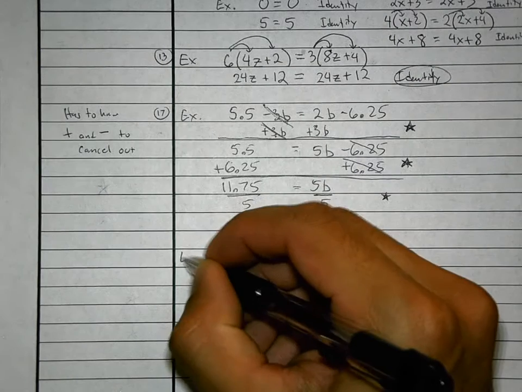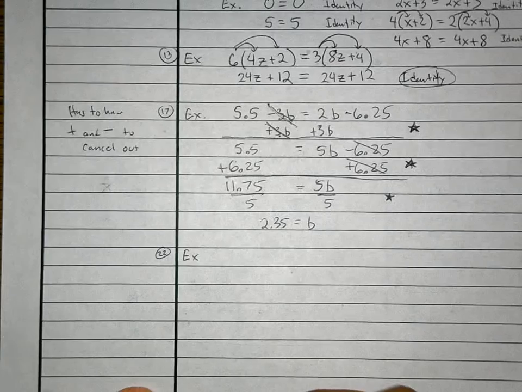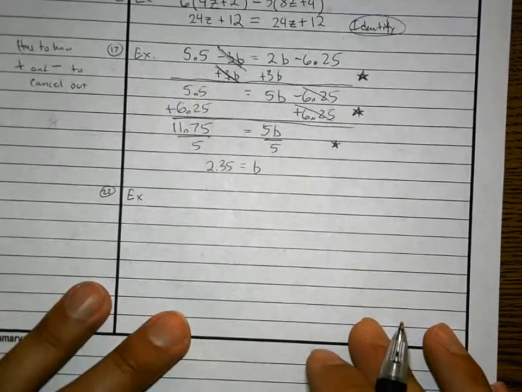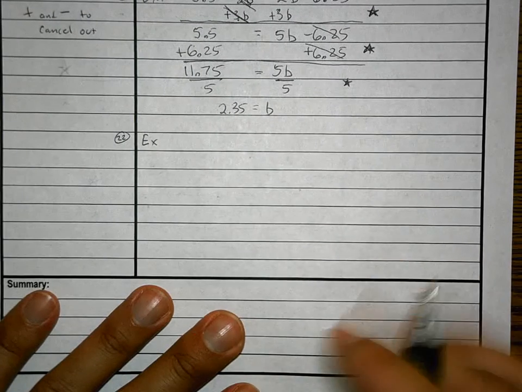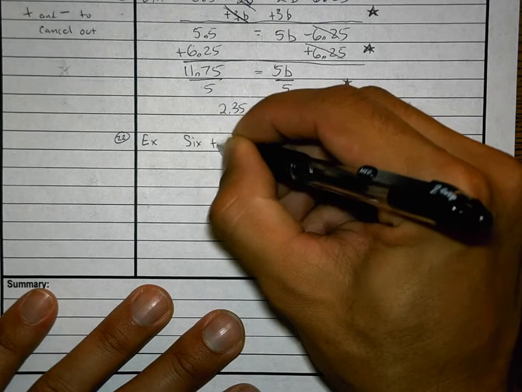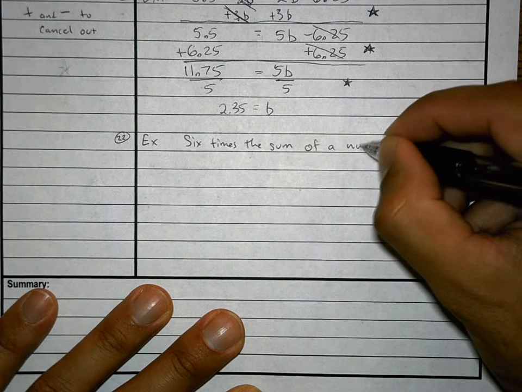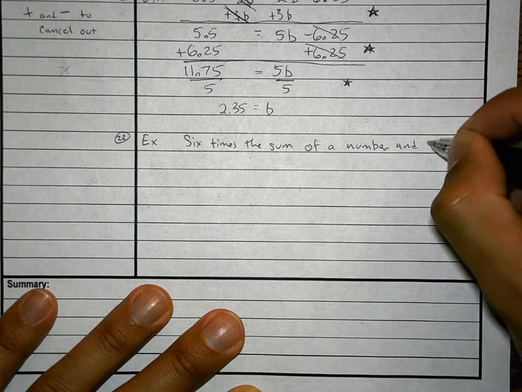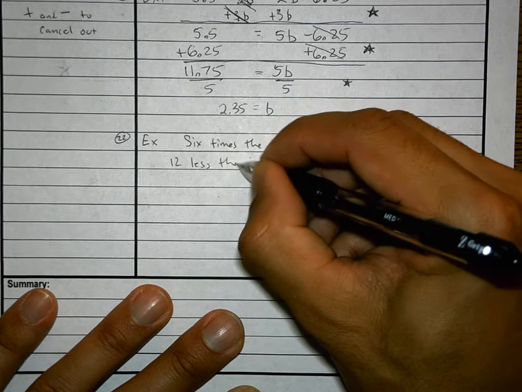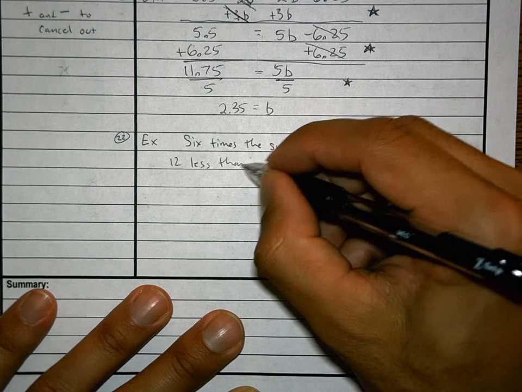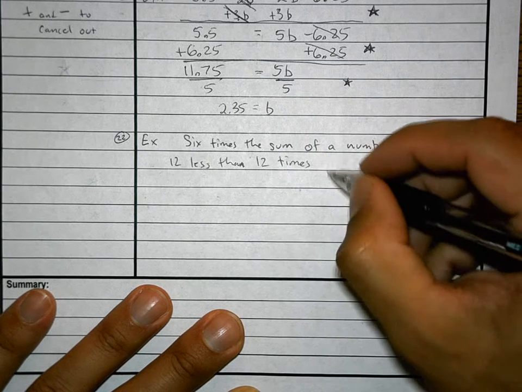Last example. This is like number 22. Number 22 says 6 times the sum of a number and 3 is 12 less than 12 times the number.